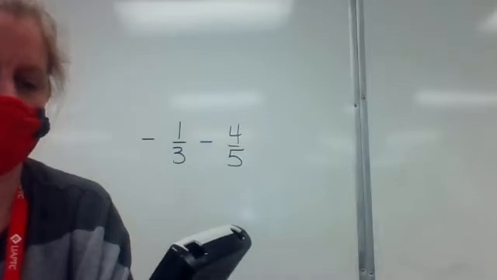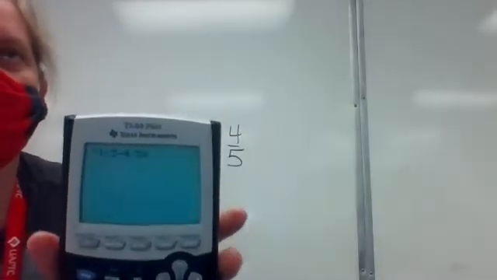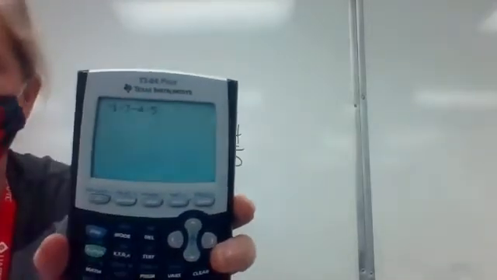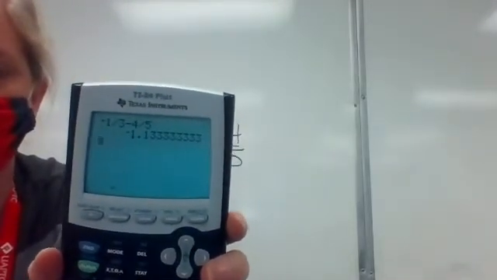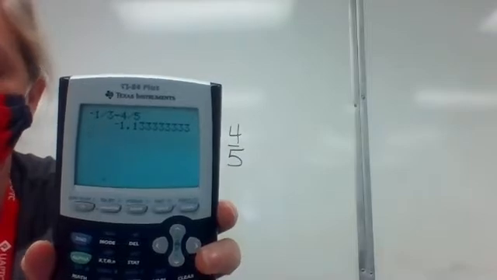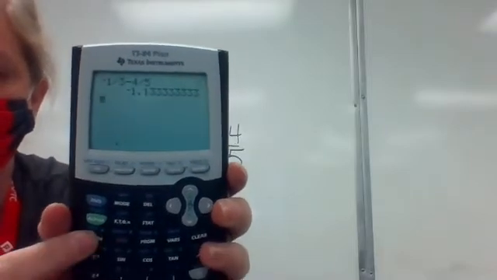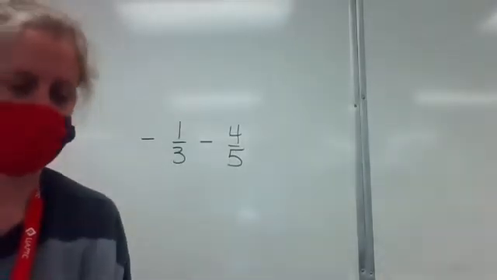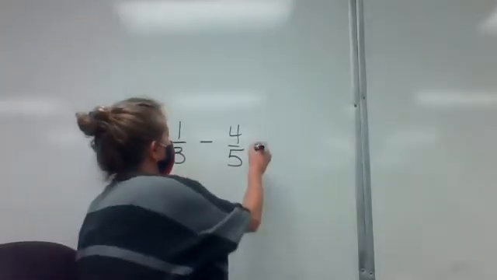And we talked about this a little bit in the last class. Anytime you want to put parentheses around your fractions, it's not ever going to hurt. So math, enter that to get negative 17/15.